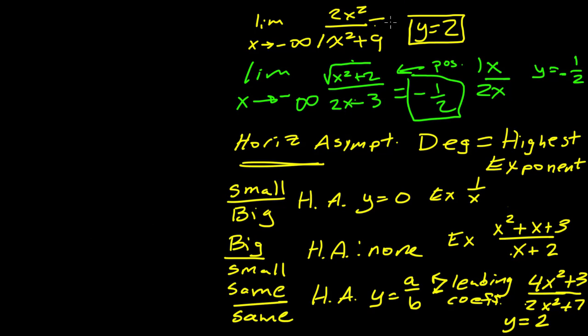Up here, the limit would be 2. I wrote the horizontal asymptotes; I should have just written the limit. So the first one, the limit would be 2, with a horizontal asymptote at y equals 2. Here the limit is negative 1/2, and it has a horizontal asymptote at y equals negative 1/2.